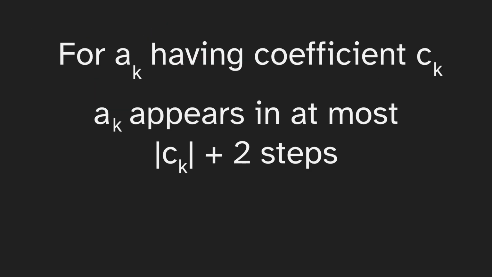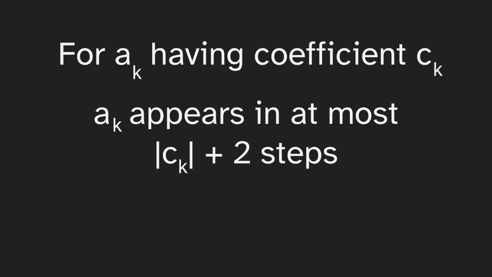So this means that for some a sub k having a coefficient c sub k, a sub k appears in it at most the absolute value of c sub k plus 2 steps. The absolute value of c accounts for how many times it appears in that list on the left, and then the plus 2 accounts for how it may be used in the middle of some construction to be added and subtracted.